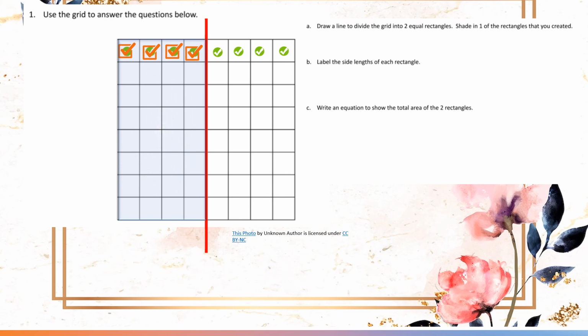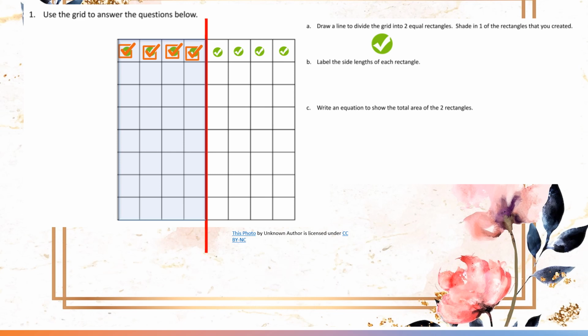So I shaded in that one. I shaded it in a light blue. All right, so that means we've done everything that we were supposed to do for letter A. And let's go ahead and put a little check mark there. So that's finished.